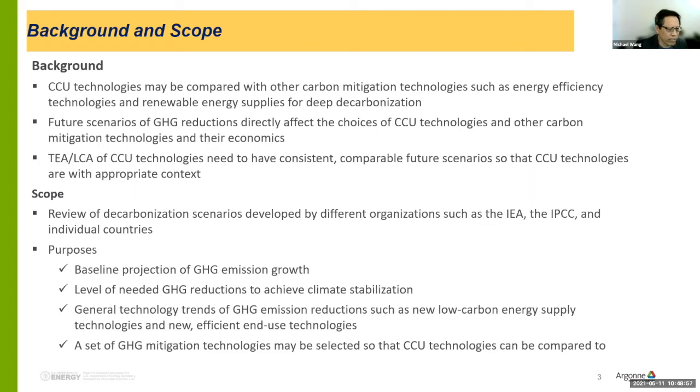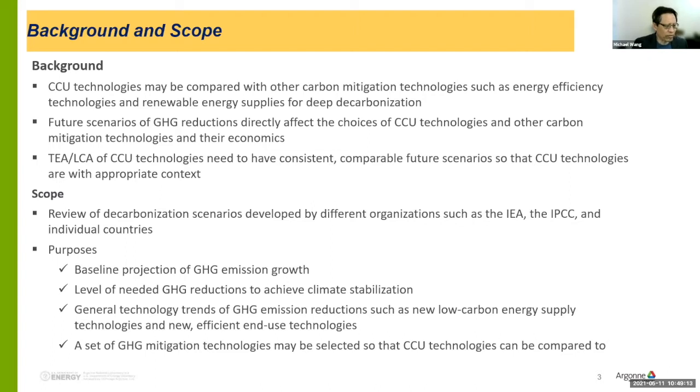The scope of this team is to review the decarbonization scenarios developed by different organizations such as the IEA, the IPCC, and individual countries.